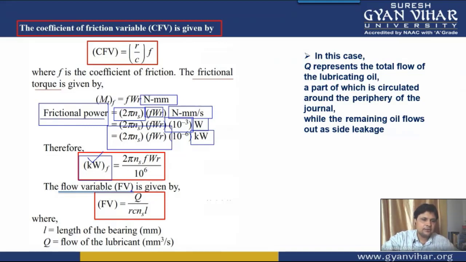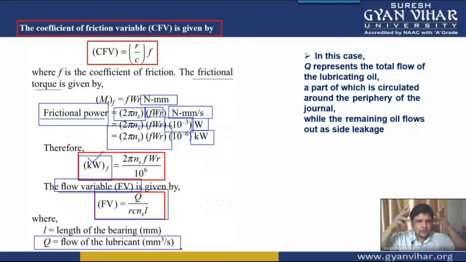The flow variable is also an important variable. How will we calculate this flow variable? It has the formula Q upon R C Ns into L, where Q is the flow of the lubricant inside the bearing, the total quantity of the lubricant.